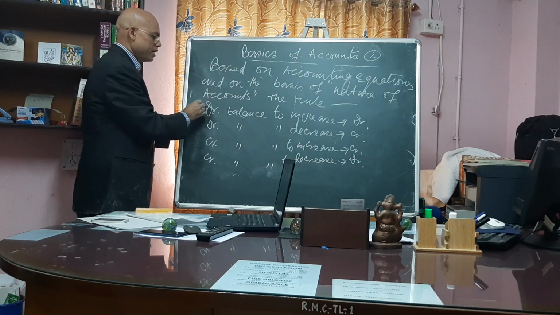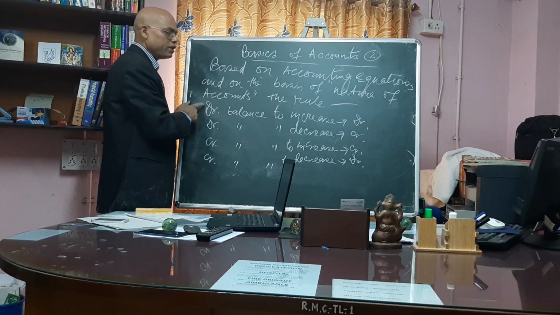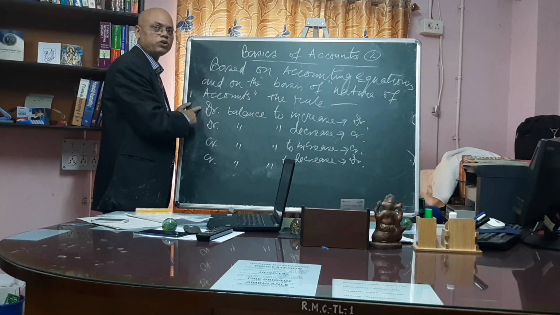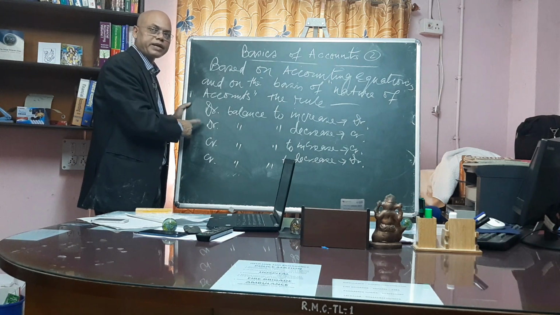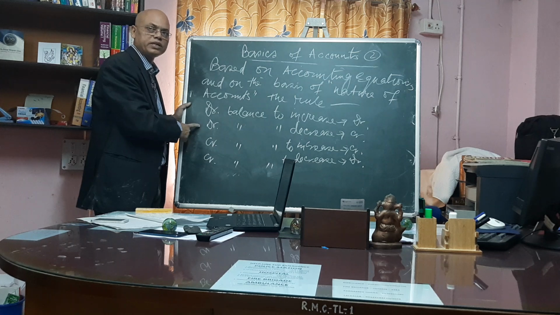Very simple. Again I am telling you, debit balance, if you want to increase, then it should be debited, and if you want to decrease, it should be credited. Credit balance, if you want to increase, then it should be credited again, and if you want to decrease, it will be debited again.